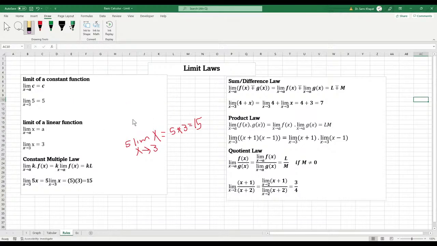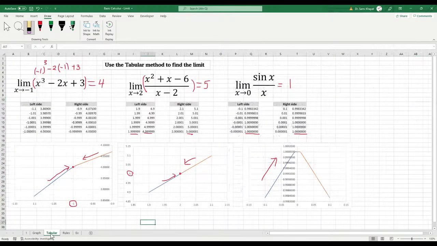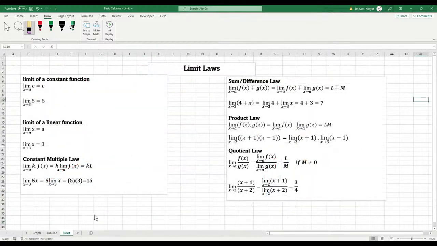Also, we have other rules for limits. If you add, in this example, the limit of x cubed minus the limit of 2x plus the limit of 3, if you combine them together, it's the same as what we just did.